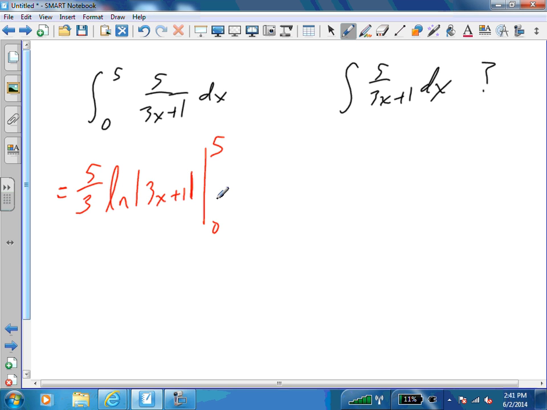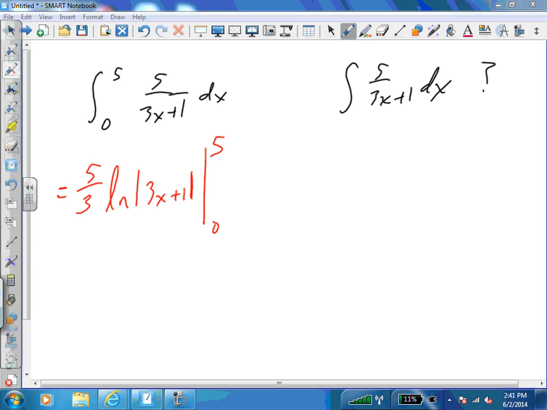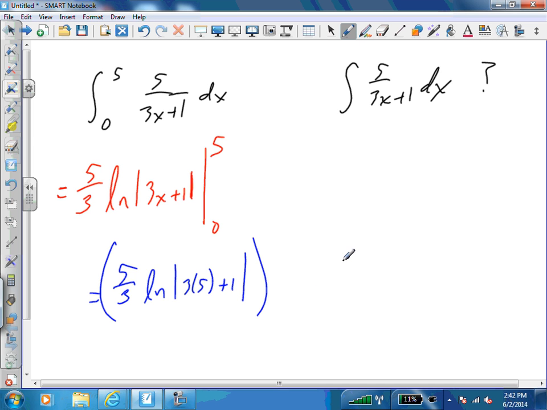So with the antiderivative, we're going to plug in our upper limit, our lower limit, and subtract. So we're going to substitute a 5 in. We're going to substitute a 0 in. And whatever we get, we're going to subtract.